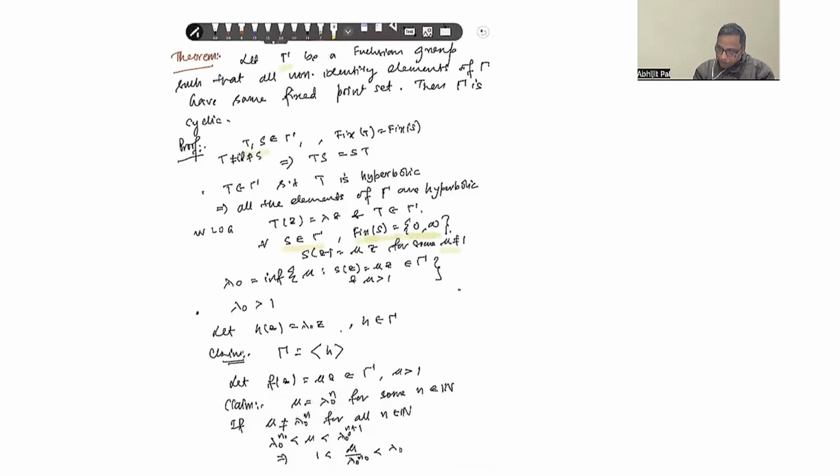Now what we want to prove is that this gamma is a cyclic group. So we need to find a generator for this cyclic group. How to get that generator? We have assumed that one element, let us take that element to be T, is hyperbolic. Let us take lambda naught to be the infimum of all those mu such that the isometry Sz equals mu z belongs to gamma, and mu is greater than 1.